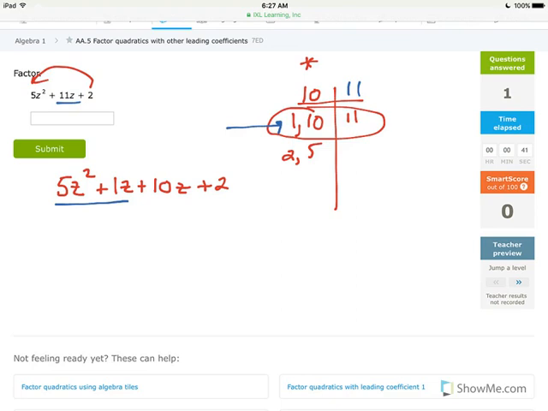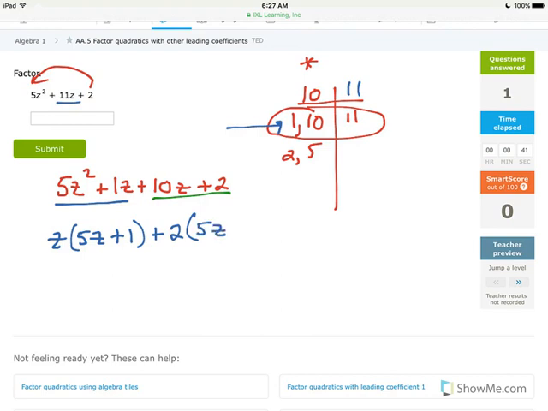So what's common between the first two terms? Just a z. And what's left behind? You're going to need a 5z plus 1. And what's common in the next group? Between the 10z and the 2, you're going to have a common factor of 2. And what's left behind should be 5z plus 1 if we're doing everything correctly.